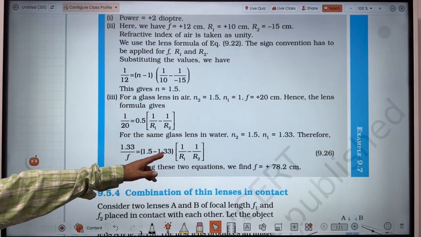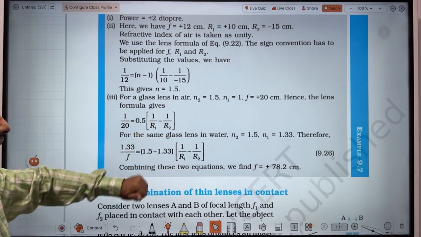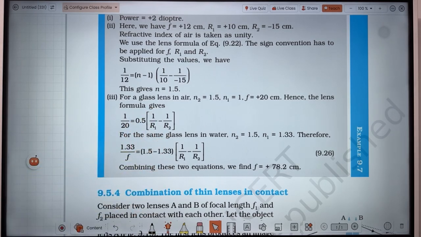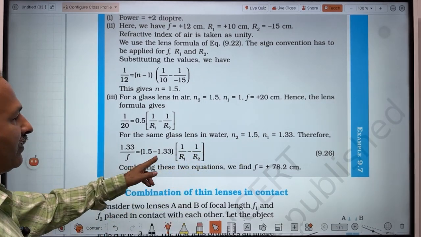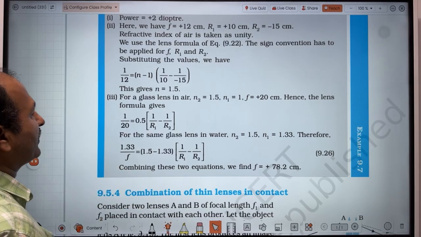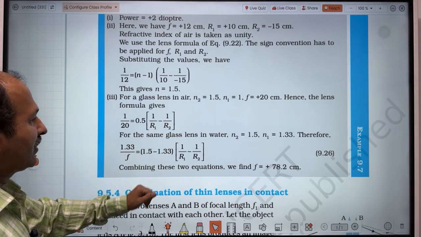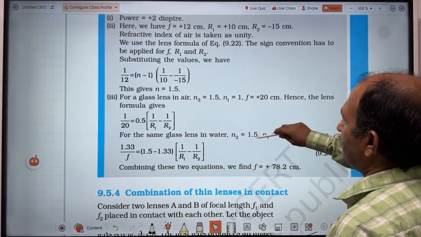So we can find this relation for 1 upon r1 minus 1 upon r2 from here. Similarly, for glass lens in water, we will write 1.5 minus 1.33. Again, we will get one relation, and then we can solve the two relations. After that, we will get f equal to 78.2 centimeter. This is a good question.